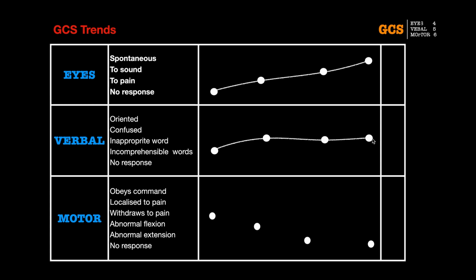the motor response, what we find is that the patient could localize to pain initially, but unfortunately, the trend shows that there is a deterioration in the patient's condition, and this must draw our attention to the fact that something seriously is happening to these patients.